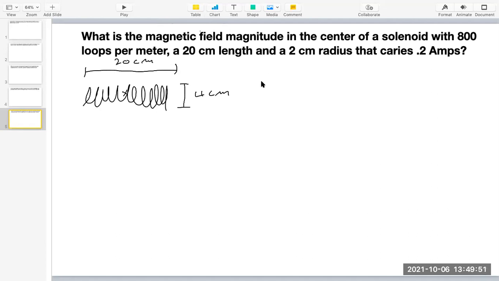So magnetic field: mu naught times turns per unit length times current. The solenoid's length and the solenoid's radius don't enter the equation.